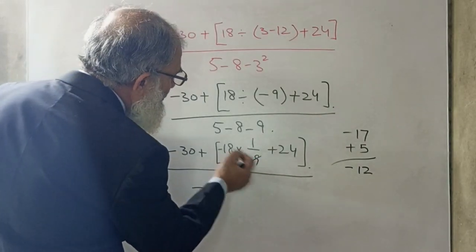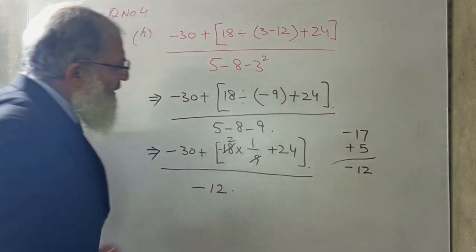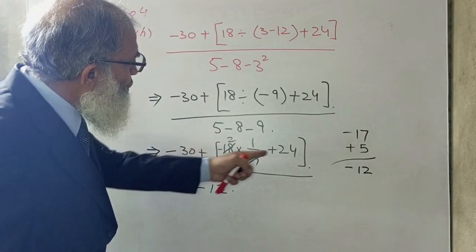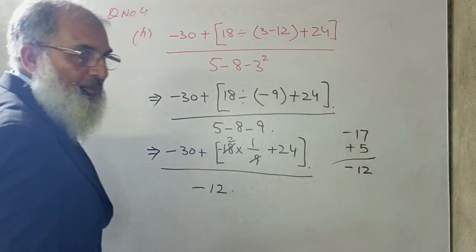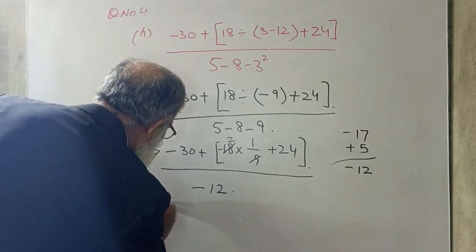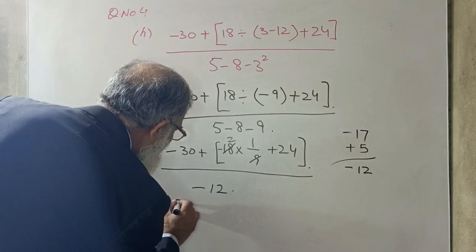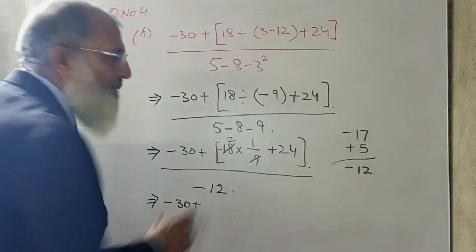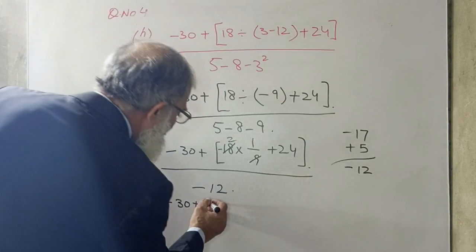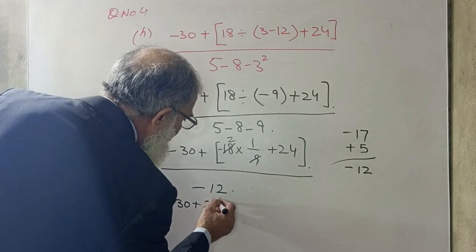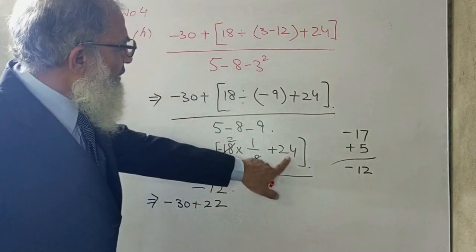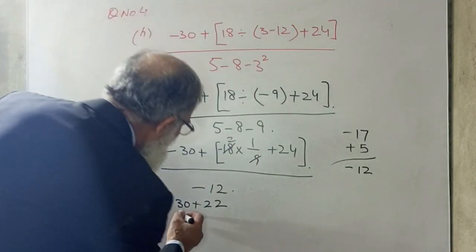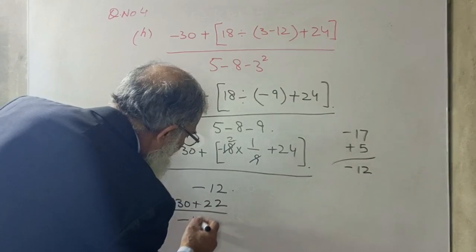Now just simplify within the bracket and that becomes minus 2 plus 24. Now it will become minus 30 plus 22, rather. 24 minus 2 is 22 and minus 12.